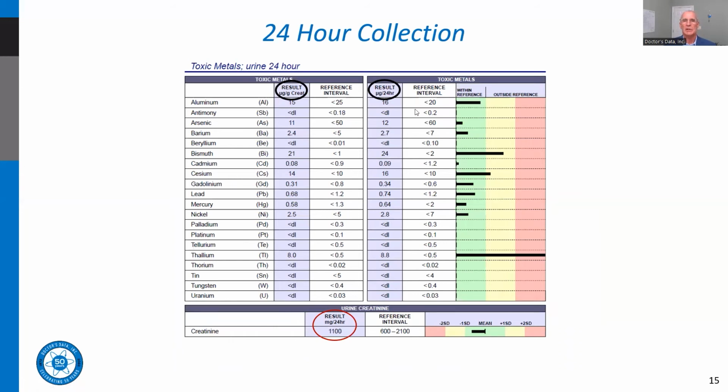But when we do report as microgram per 24 hours, we also always give a backup report as the microgram per gram creatinine. That way, if there's a grossly misreported urine volume, money is not down the drain because we have the backup corrected for creatinine.